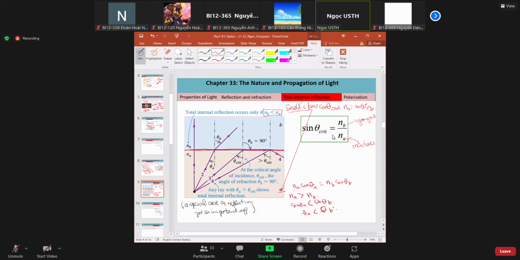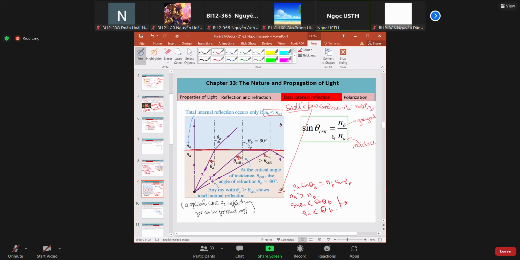Then there is a chance where you can see the total internal reflection. Why? Because here is a theta A. When you increase the theta A, you see the angle increase. Maybe here is 30, here maybe 45, here maybe 60 degrees.